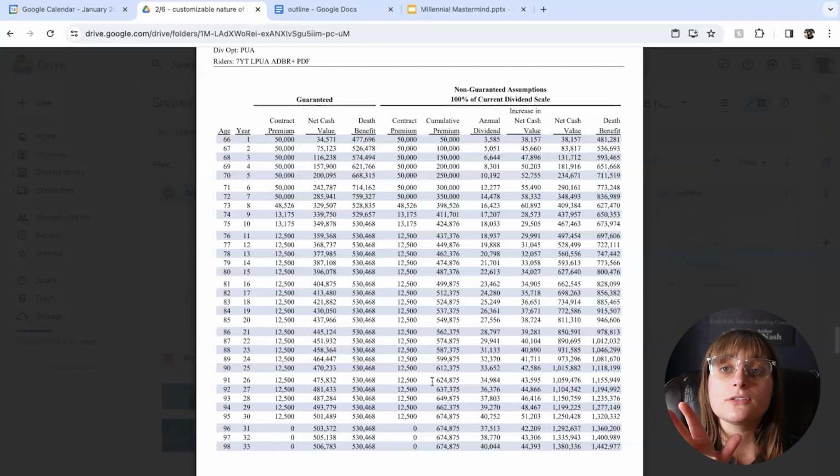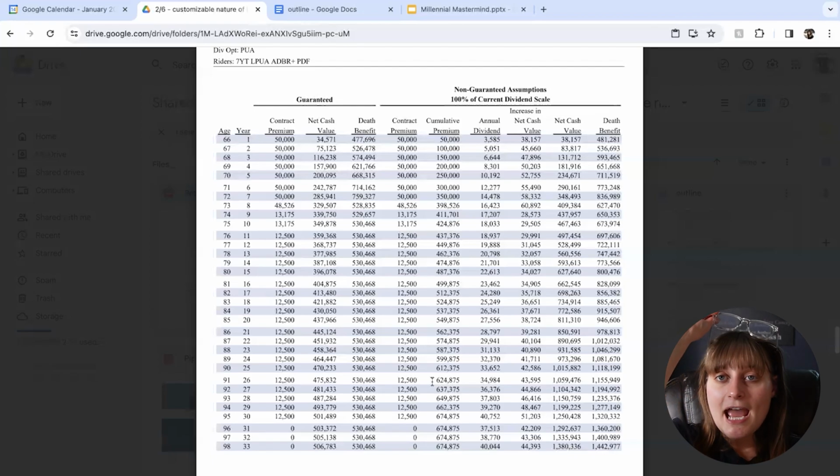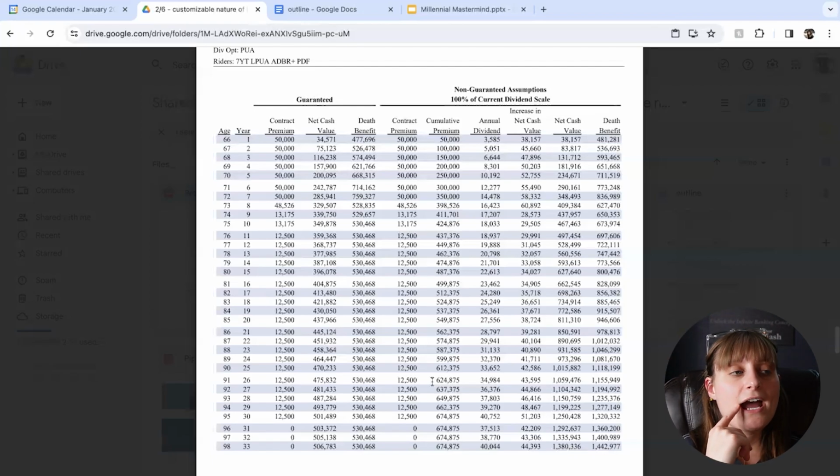Now with this, let's talk about the differences between loans and withdrawals, because I did mention earlier that you can withdraw out of your policy. And the reason that we may want to withdraw is because we are into those retirement phases and I don't want to pay the loan interest anymore.